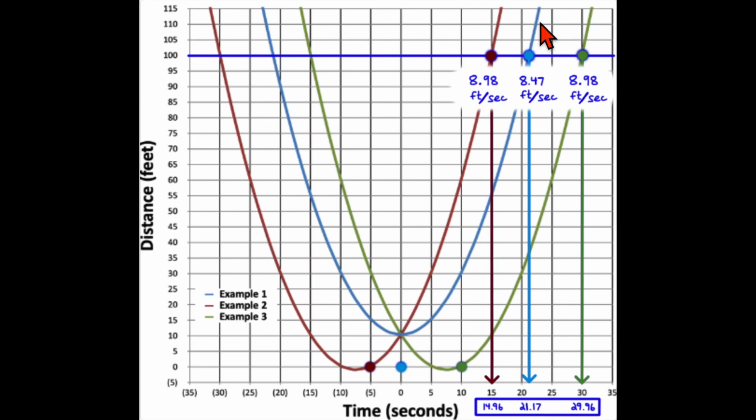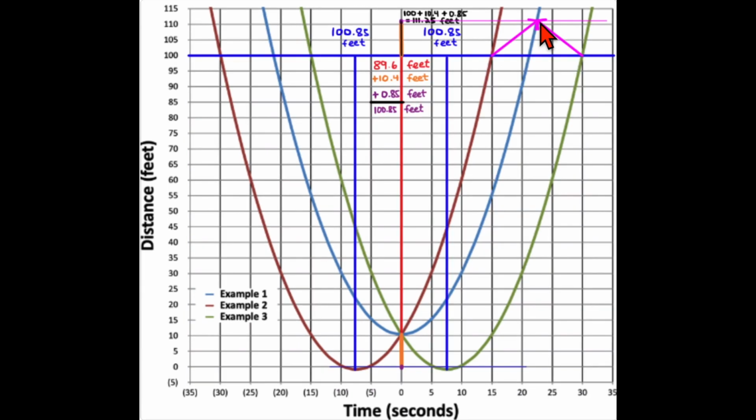So that is at 111 25 hundredths feet. I'm going to show you that calculation in just a moment. It's right there, 111 25 hundredths feet from its point 0.